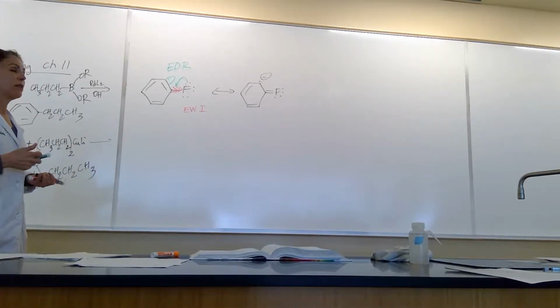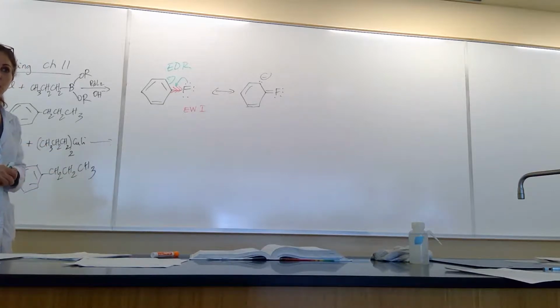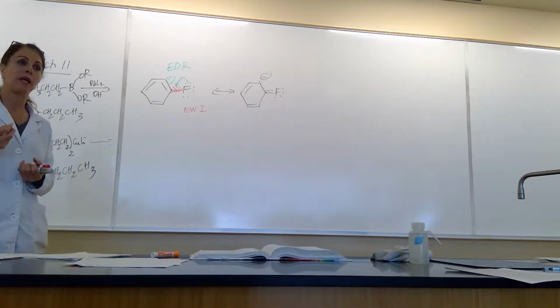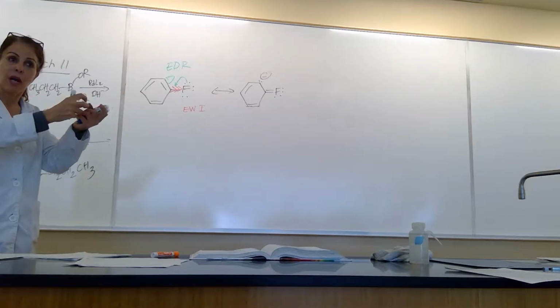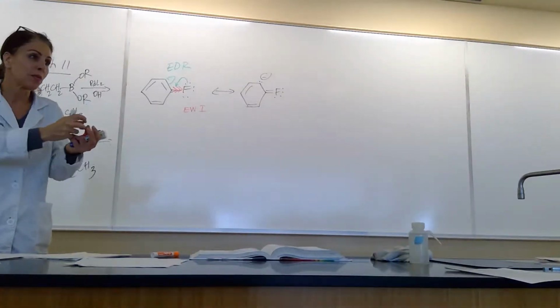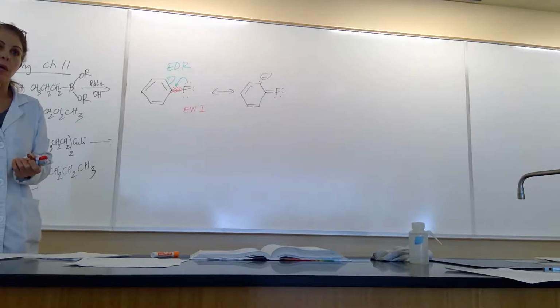If it donates, it opens the ortho and para. If it withdraws, it just pulls on the electrons. It weakens the ring, but it's not by resonance, so it's just kind of pulling a little bit of the electrons from the benzene ring. But it's not literally creating resonance there.